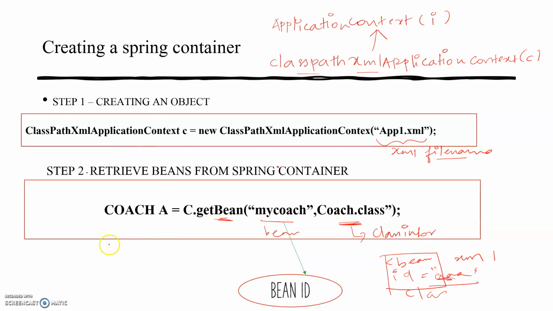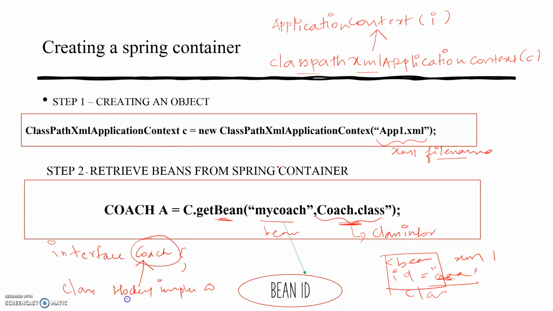For example, let us consider you have an interface Coach and you have a class, say Cricket Coach, which implements Coach. In that scenario, here we have to give the interface name only.